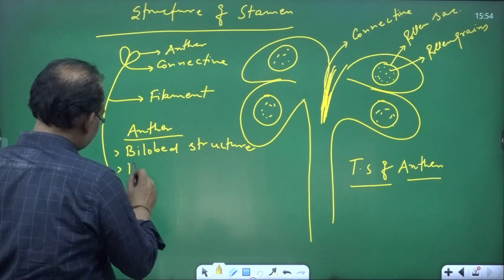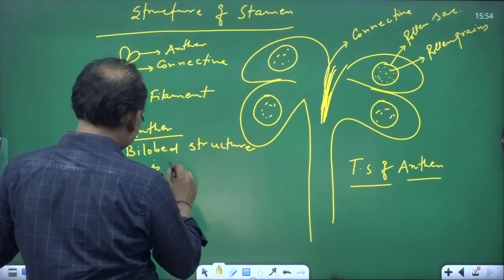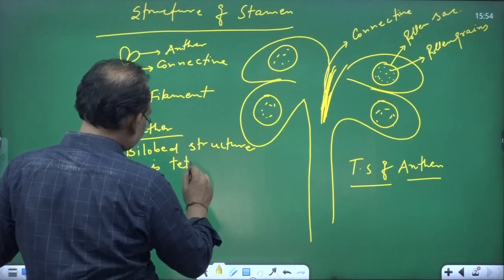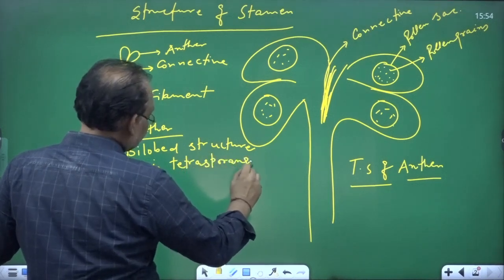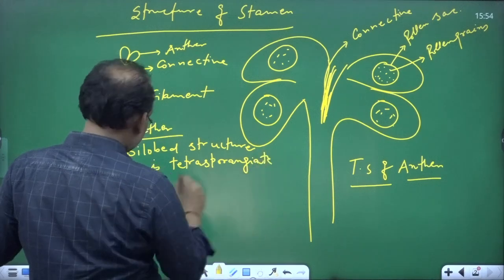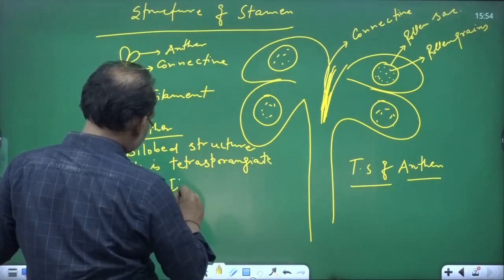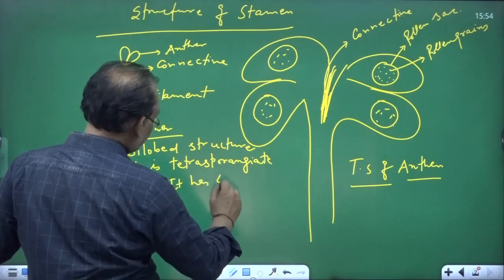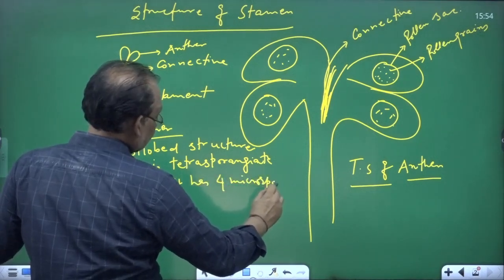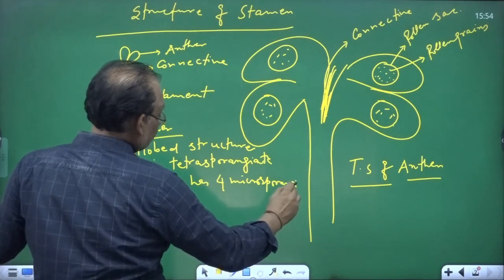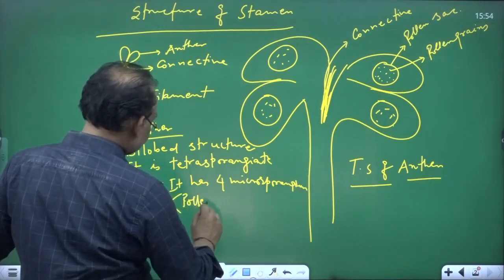It is tetrasporangiate. Tetrasporangiate means it has 4 microsporangia, and each microsporangium is also called a pollen sac.